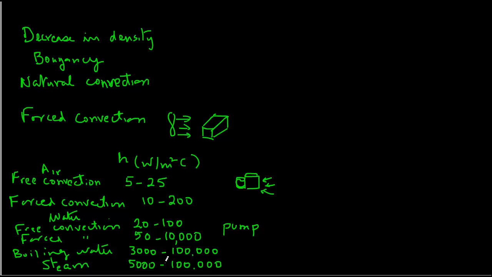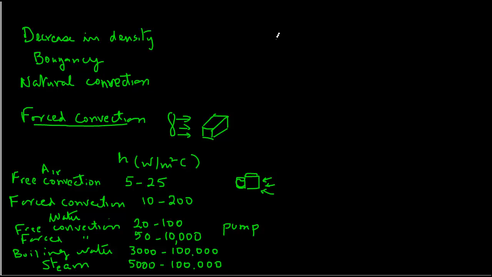So that means that anytime we have forced convection, both in case of air and water, we have high rates of heat transfer, and we can get significantly high rates if we use boiling water or steam. This principle is used often in designing and operating food processing equipment.